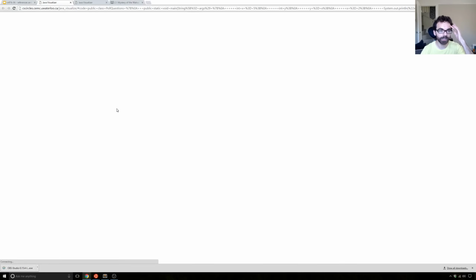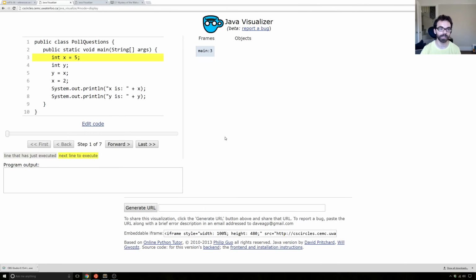Now keeping in mind our picture of simplified box notation. So when I say int x equals 5, I get a box that contains the number 5. And when I do int y, I get a box, not pictured here because the visualizer chooses not to do so. And so when I say y equals x, it's just going to copy those bits that are in x into y. So there they go, they're in the box. And now if I say x equals 2, remember what the golden rule of equals does is it says it takes these bits and puts them in this box.